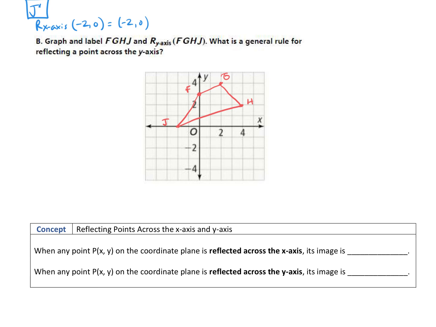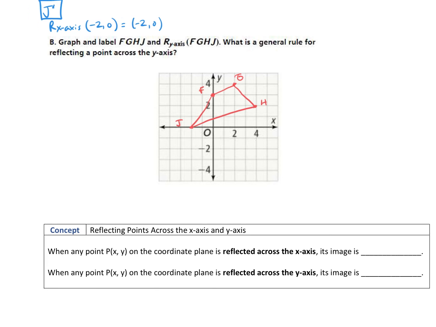All right, so now they want us to take our quadrilateral and reflect it across the y-axis. So here's the y-axis, so every point is going to reflect across the y-axis. So let's figure out what our reflected ordered pairs are going to be. We have F prime.